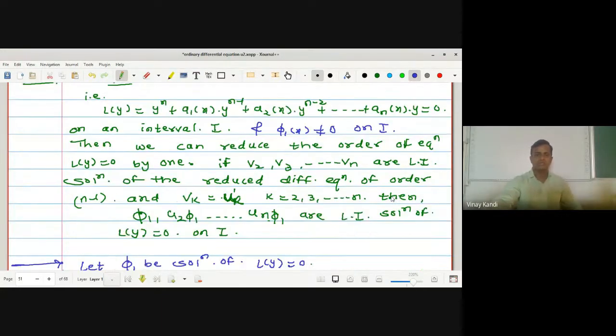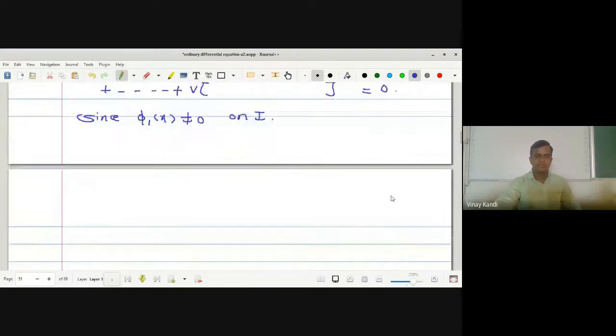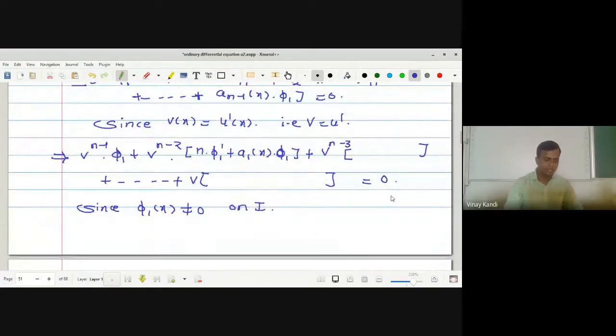Okay, hence we divide the equation by phi 1 of x. We can divide the above equation by phi 1 of x.